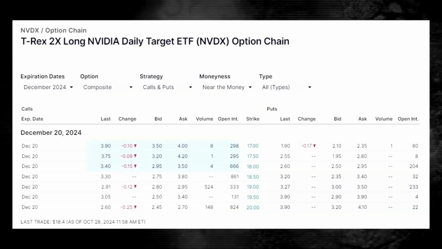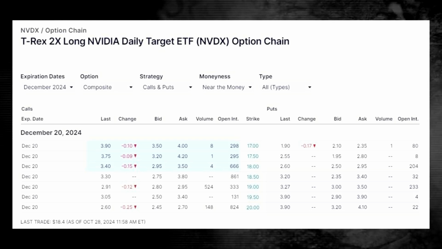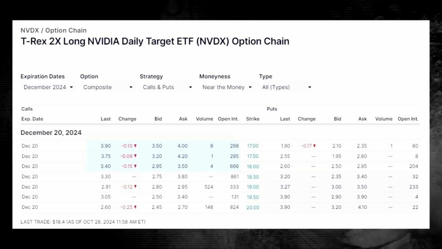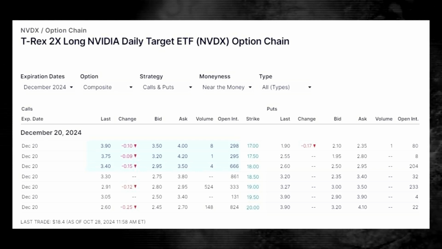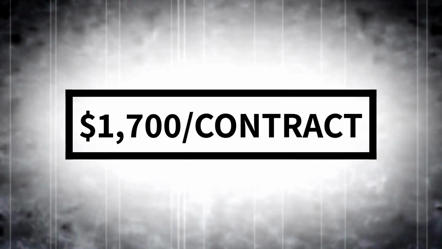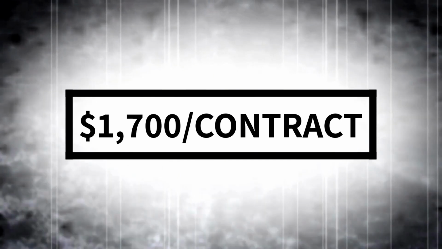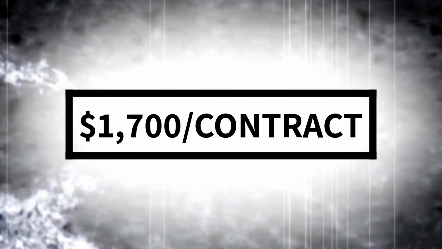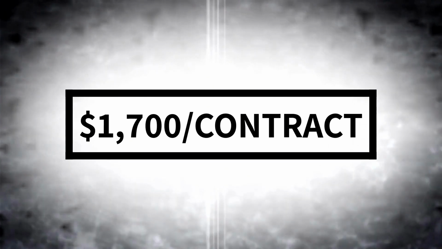This is NVDX's option chain of December 20th. Here, the nearest strike price is $18, but I would sell put options at $17 for a premium of $200 per contract. To be able to trade an NVDX contract of put option, you need to have a buying power of only $1,700 in your account, including margin.